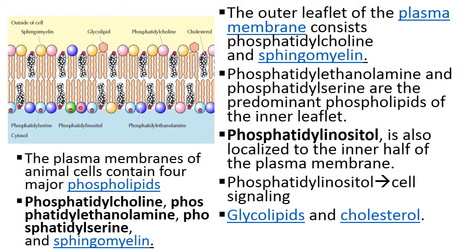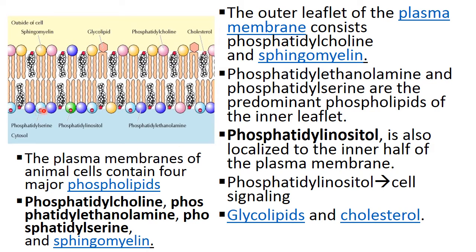Phosphatidylinositol is a minor component, but it plays a very important role in cell signaling. Glycolipids make up about 2% of the lipids in the plasma membrane. The cholesterol is a major component and plays a very important role in the plasma membrane.